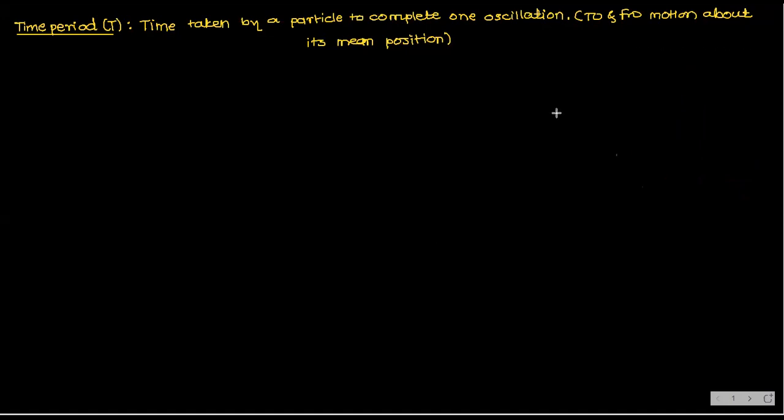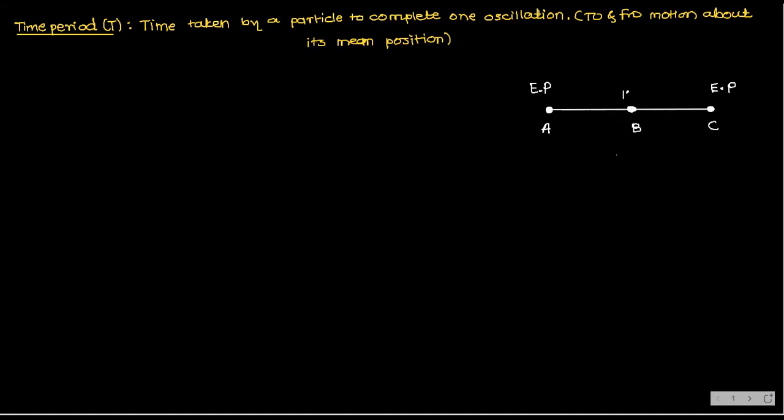So I am showing you another diagram like this. Suppose I am just denoting some positions like this. This is position 1, this is position 2. I am taking straight line oscillations. So this is point A, this is point B, and this is point C. So here these two, C and A, are the extreme positions, right?